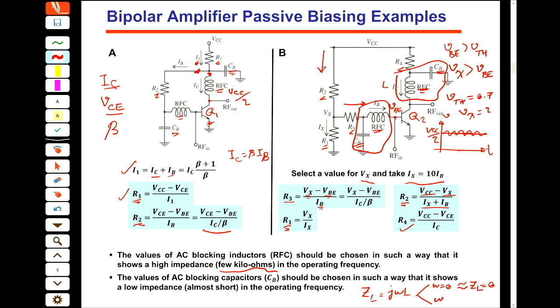And this ZL, if omega equals omega naught, which is our operating frequency, it is omega L. And then this omega L should be a few kilo ohms, 10 kilo ohms, 2 kilo ohms, something like that.